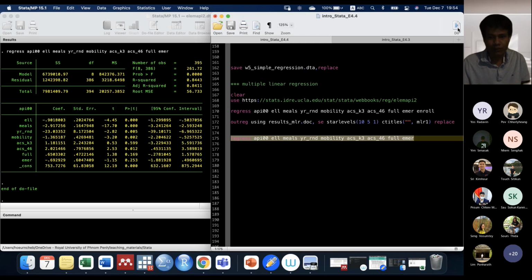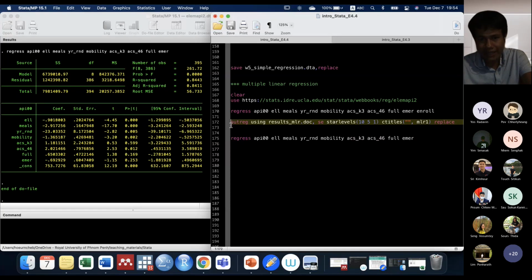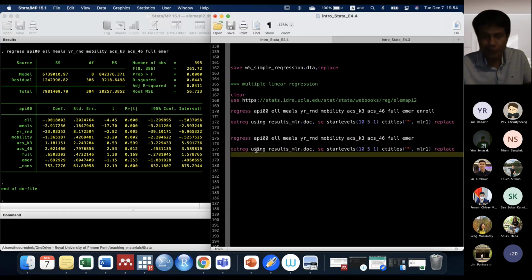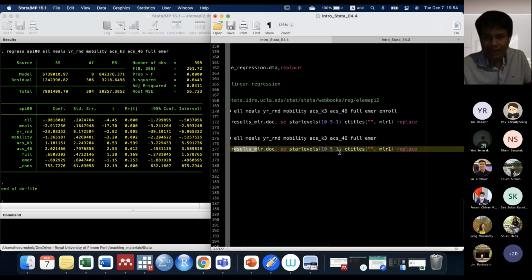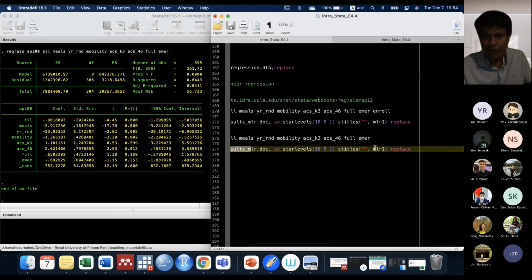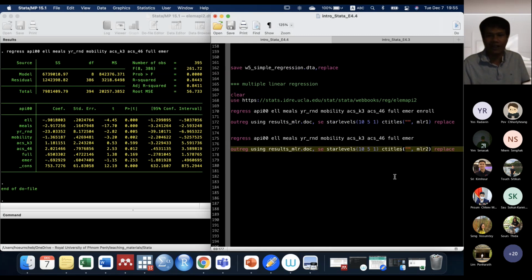What should I do? In order to do that, I copy the above outreg command and paste it using the same file name, but now this is the new regression result. I change the column from MLR1 to MLR2. This is the regression result from MLR2. The difference is I delete one independent variable.